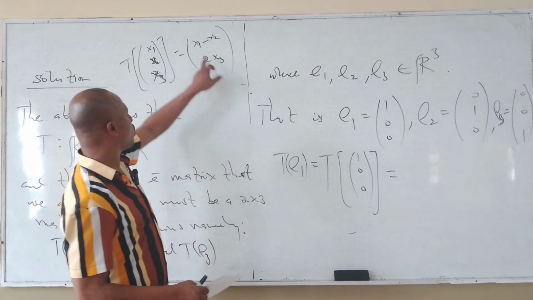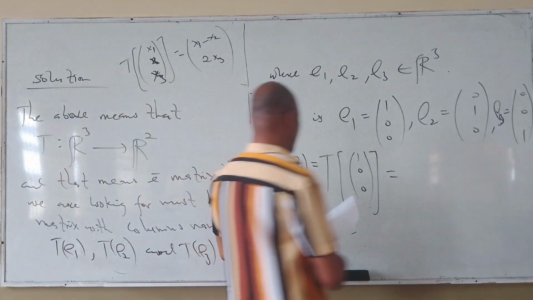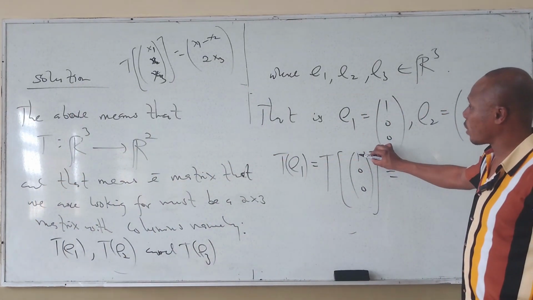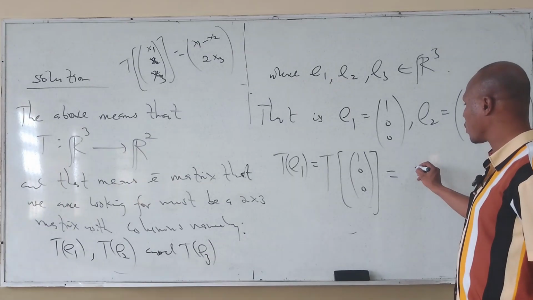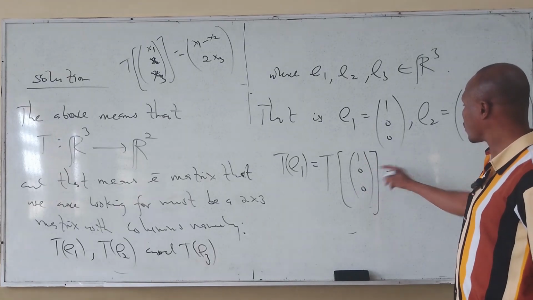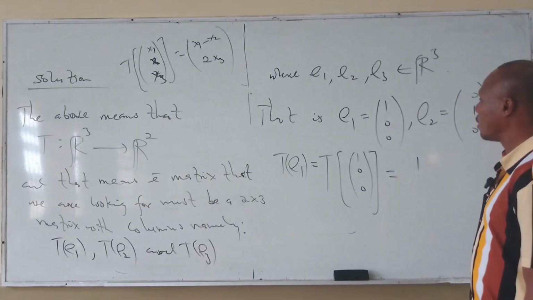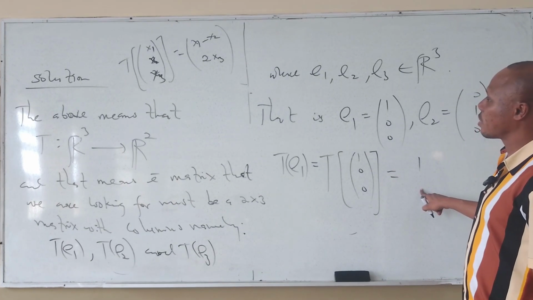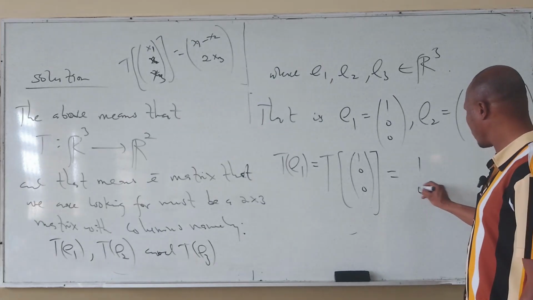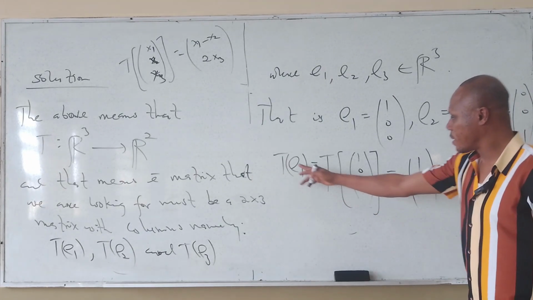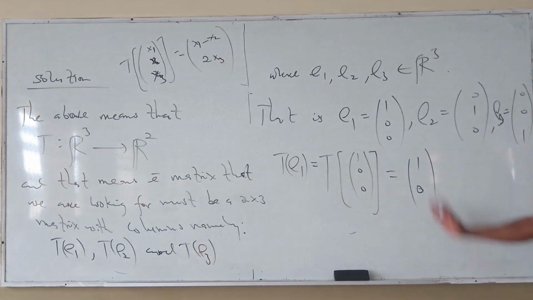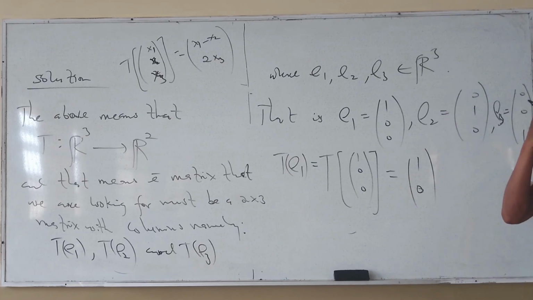The first component is x1 minus x2. So x1 minus x2 gives us 1, since x1 is 1. The next component is twice the third, so it's 0. So this is our T of U1. That means our first column will be 1, 0.